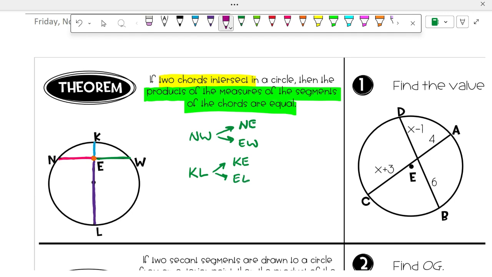And what you're going to do is multiply each of those pieces together and set them equal to each other. So it's saying that if we did NE times EW, we would get the same product as KE times EL. That's what that means.